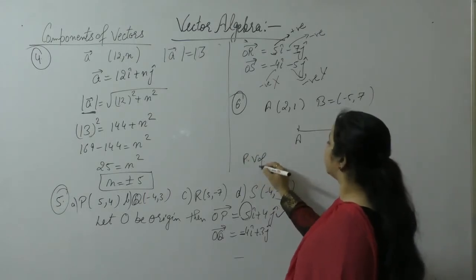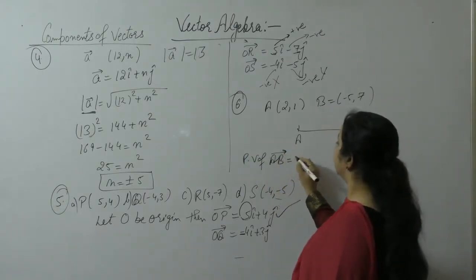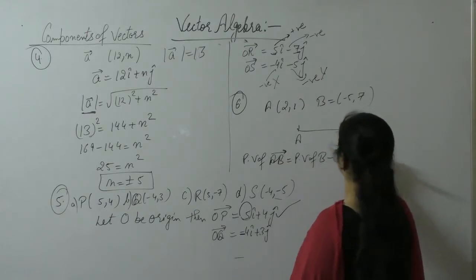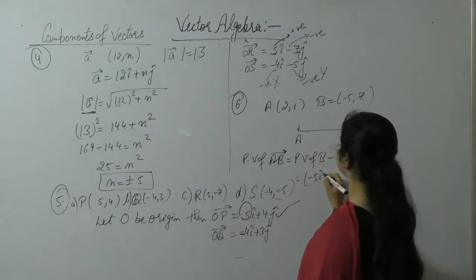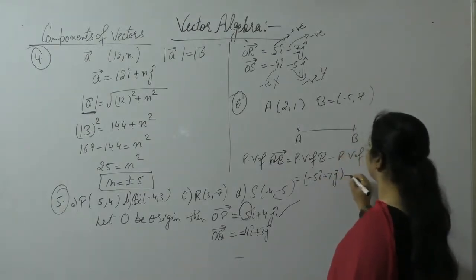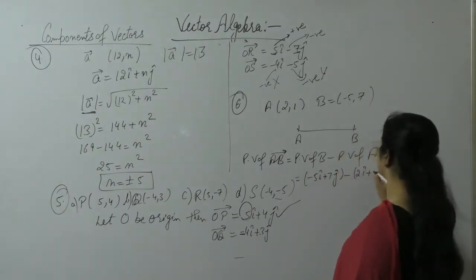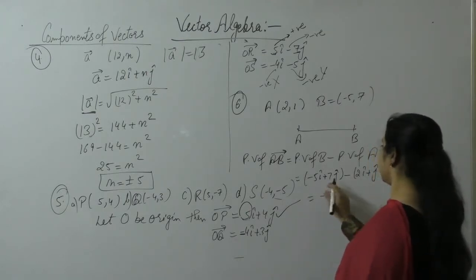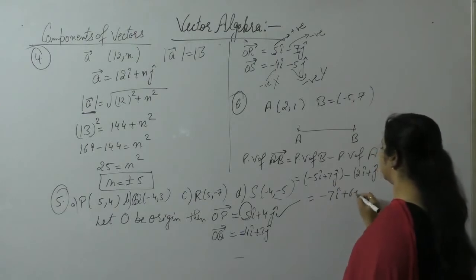Now the position vector of AB is the position vector of B minus the position vector of A. B is minus 5i plus 7j minus (2i plus j cap). Minus 5 minus 2, plus 7 minus 1.